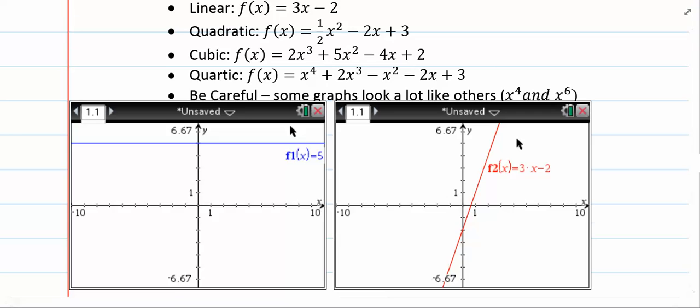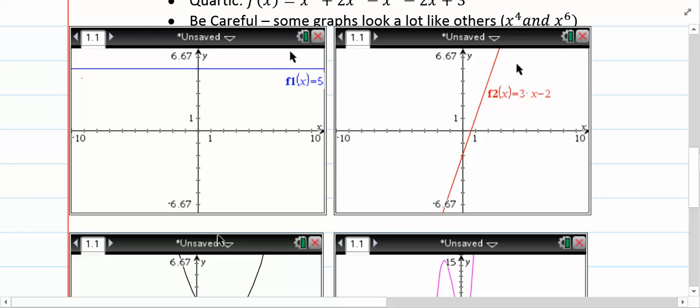This first sketch here shows what a constant function will always look like. A constant function will always create a horizontal line. Now in this case the constant was equal to 5, so this horizontal line crosses the y-axis at 5. Sorry, the y-axis at 5, not x.